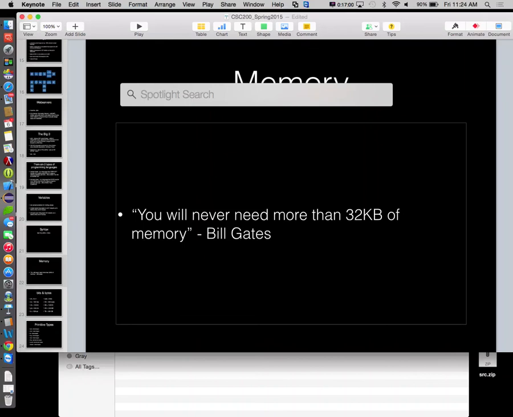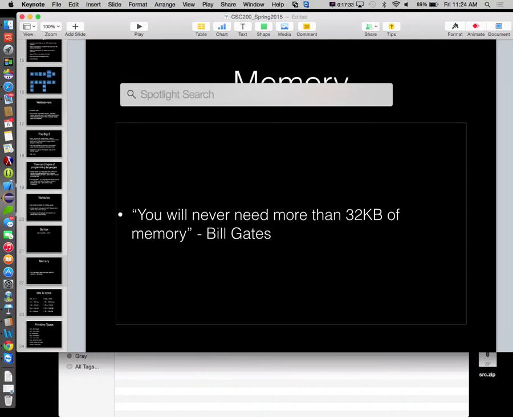Fair enough. Well, back in 1996, I bought an 8 megabyte upgrade chip. How much do you think that chip cost? $60? $1,000. $1,000 to go from 8 megabytes to 16 megabytes.